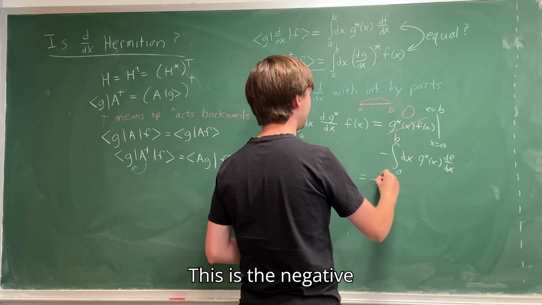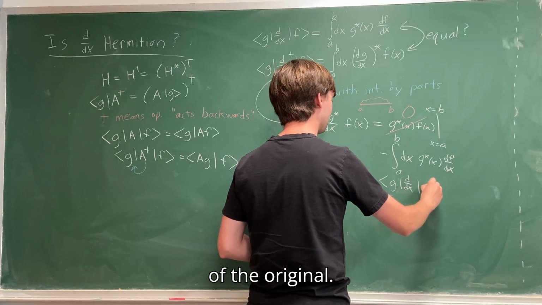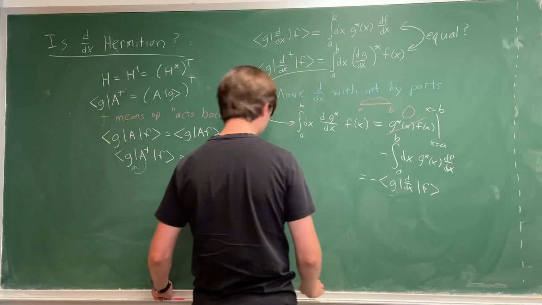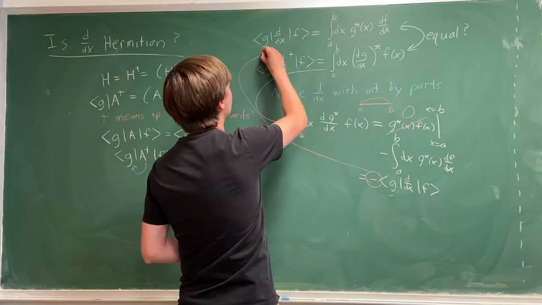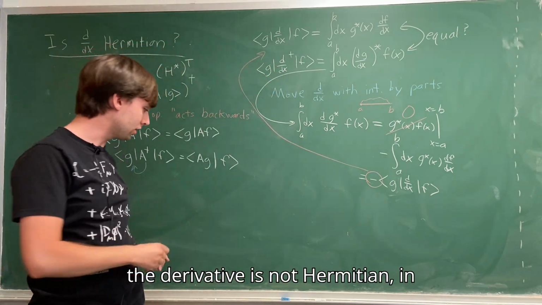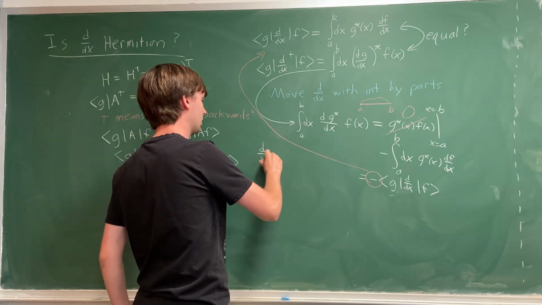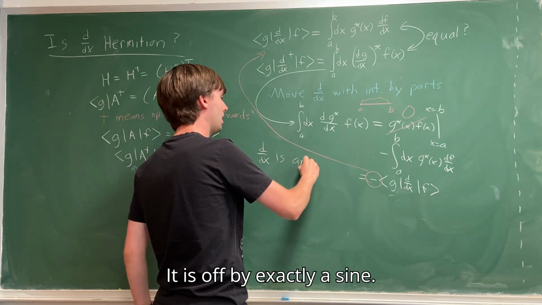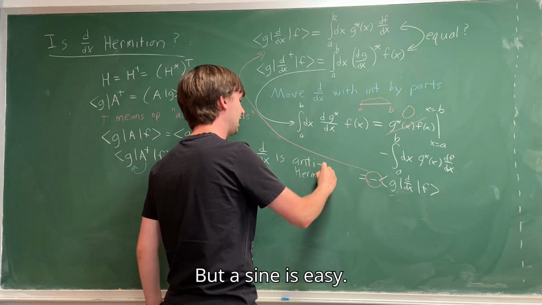This is the negative of the original. So the derivative is not Hermitian. In fact, it is anti-Hermitian. It is off by exactly a sign. But a sign is easy.